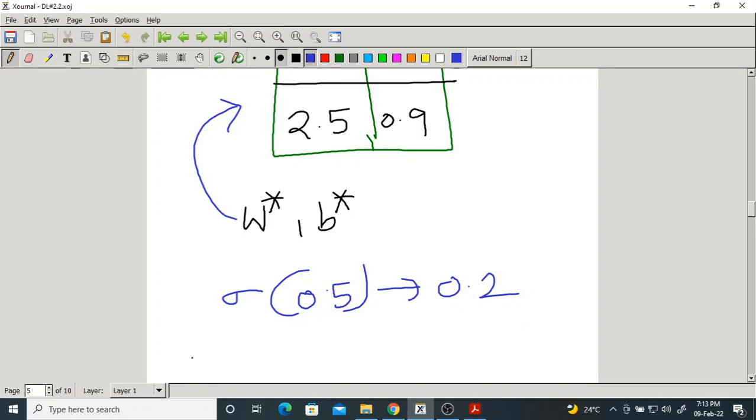If I substitute 2.5 in the sigmoid function, it should be approximately equal to 0.9.